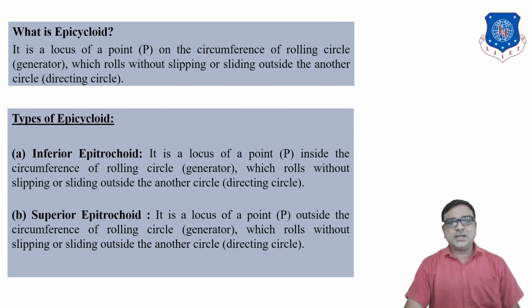Here the rolling circle is also known as the generator or generating circle. Now what is superior epitrochoid? Here it is the locus of point P outside the circumference of the rolling circle which rolls without slipping or sliding outside another circle.